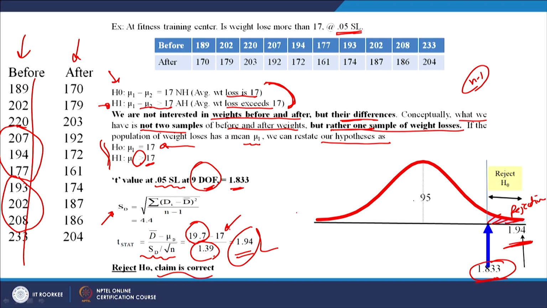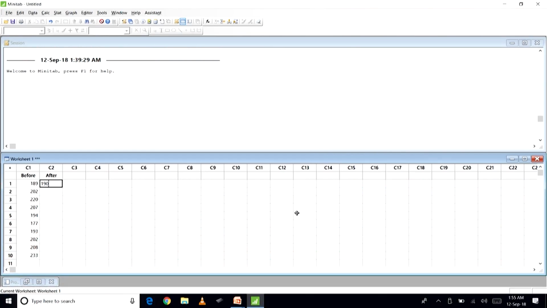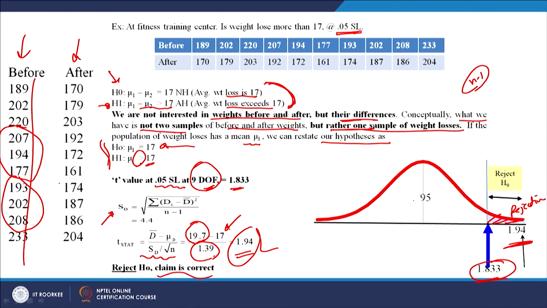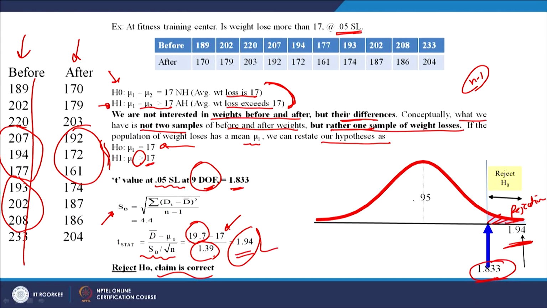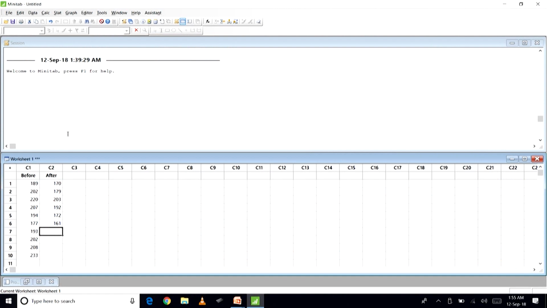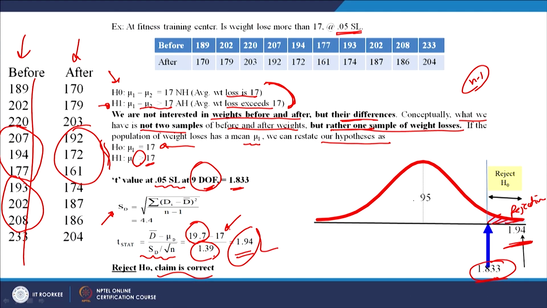So, the after data are 170, 179, 203, 192, 172, 161, 174, 187, 186 and finally 204.